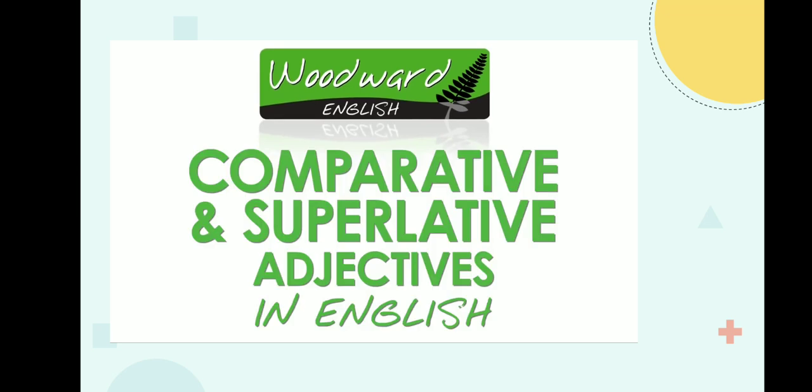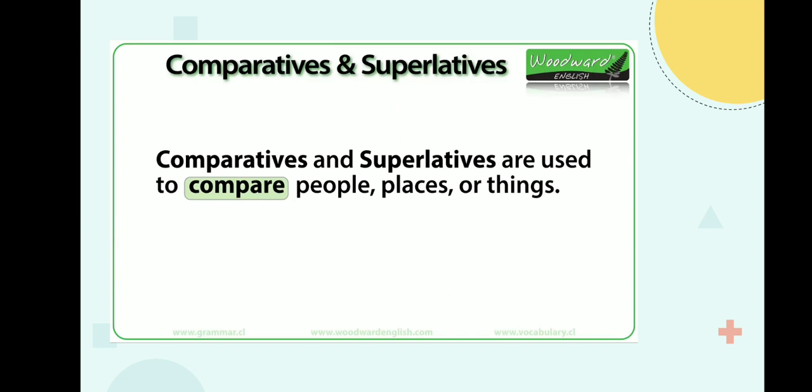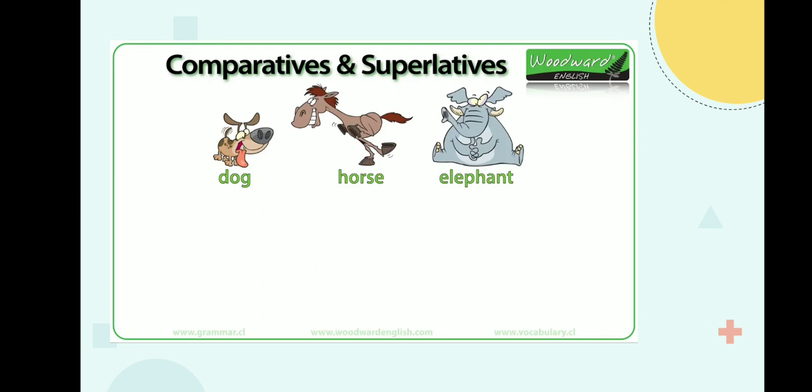Let's watch a video about comparative and superlative adjectives. Comparatives and superlatives are used to compare people, places, or things. Here we have three animals: a dog, a horse, and an elephant.